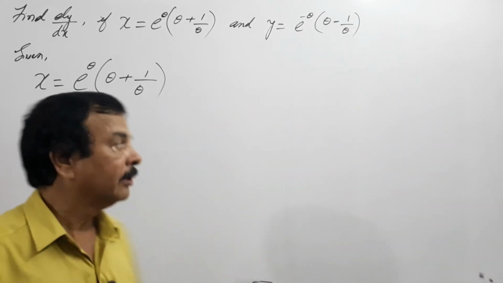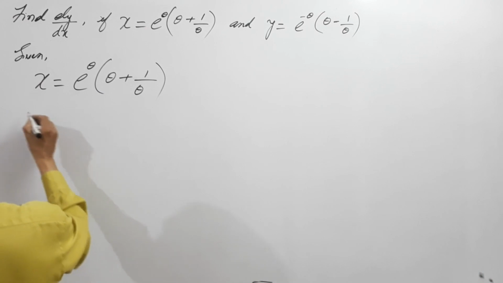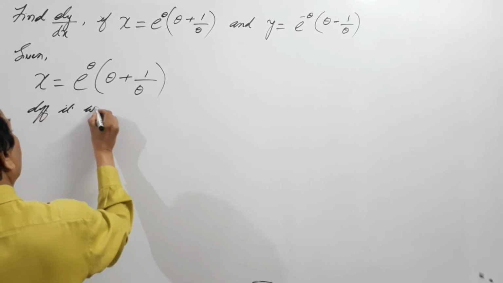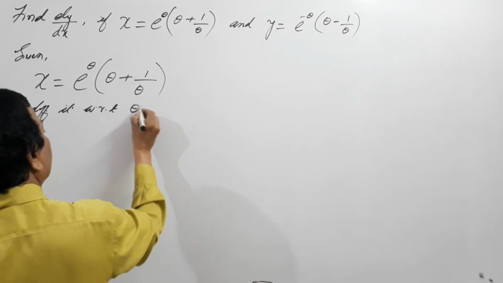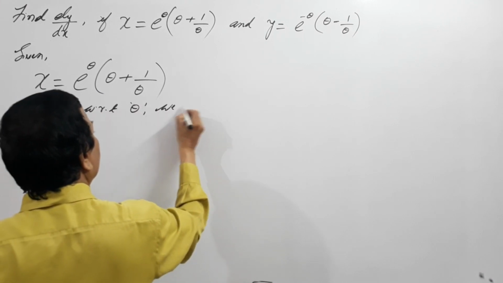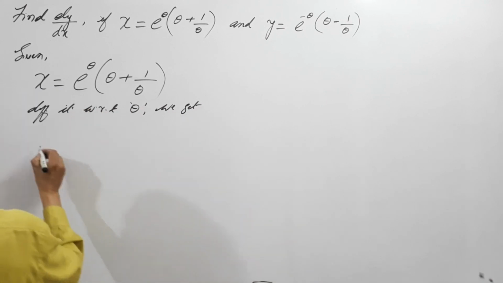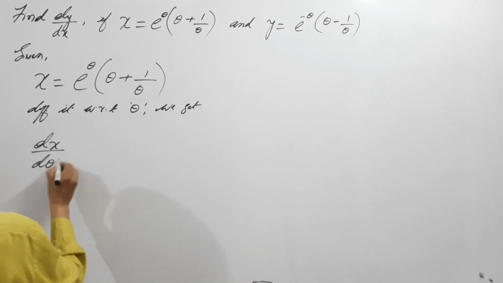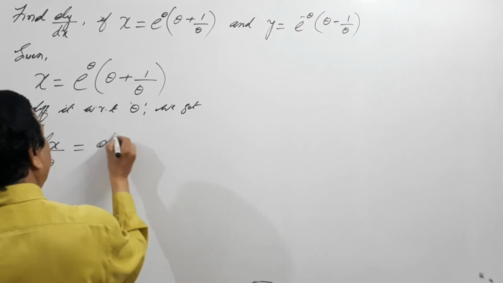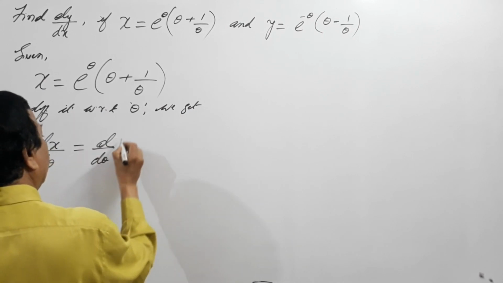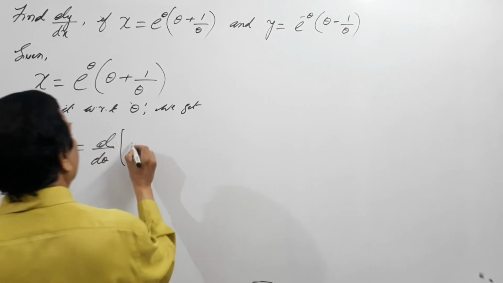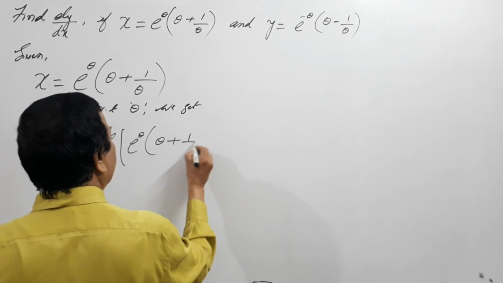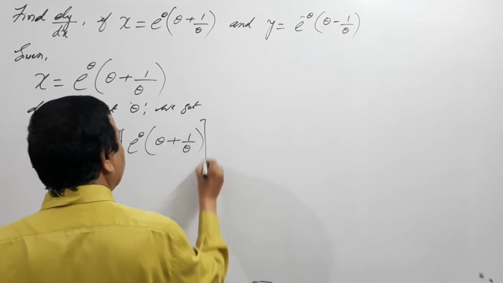So differentiating with respect to theta, dx by d theta equals d by d theta of e to the power of theta into (theta plus 1 by theta).